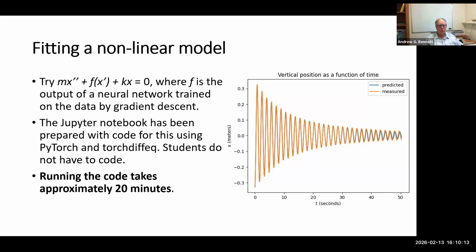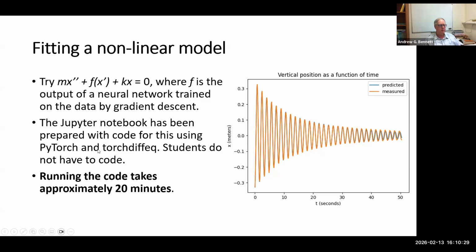So what we did was put in mx double prime plus fx prime plus kx, where f is the output of a neural network trained on the data by gradient descent. And we have the Jupyter notebook set up.